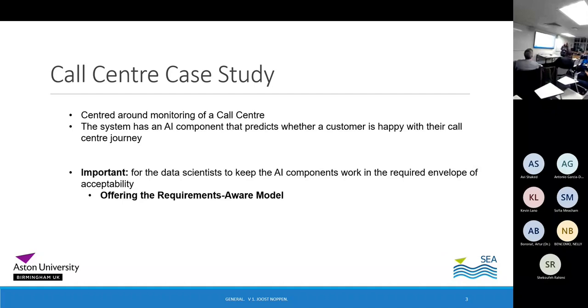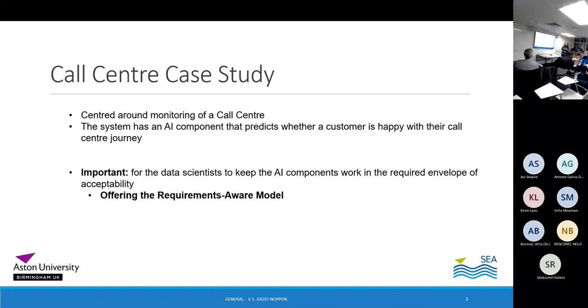The call center system, which we are considering as a toy example in our case, has an AI component, or you can say a series of classifiers, that predicts whether the customer is happy with their call center journey in terms of their requests. The main goal is to keep the customer happy.